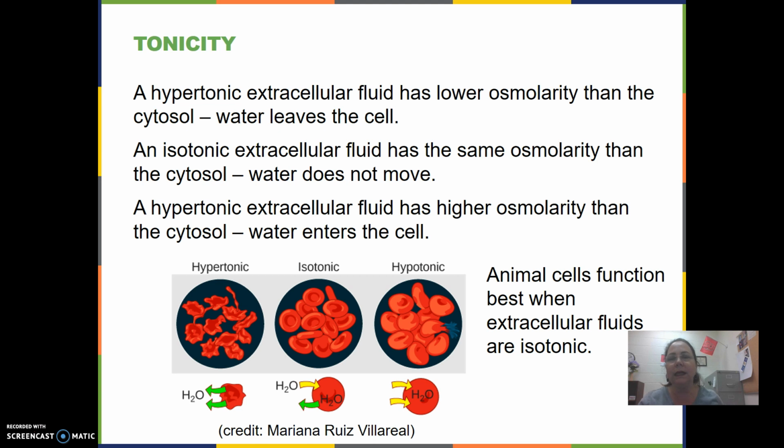So when we look at tonicity, oftentimes we use the example of red blood cells to show what animal cells do when they're placed in different solutions.